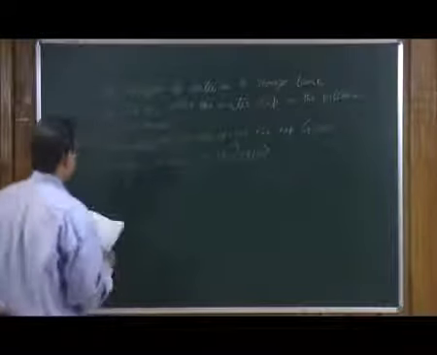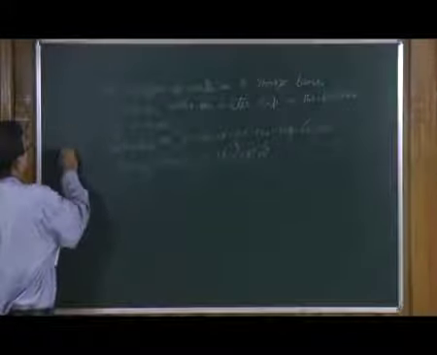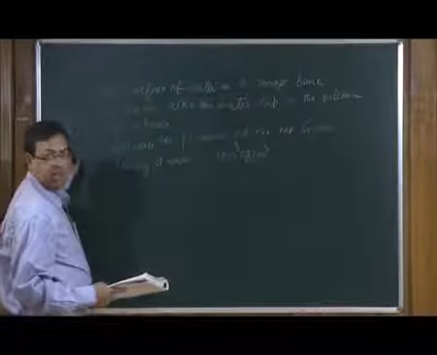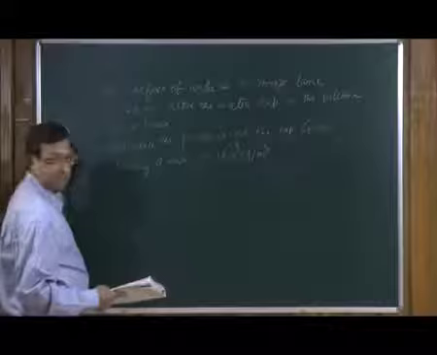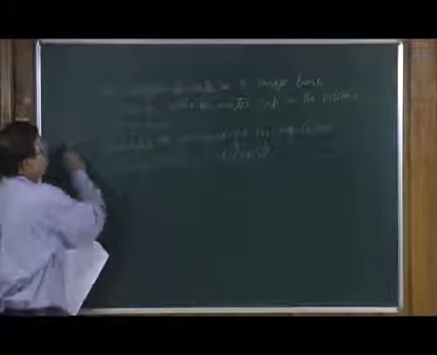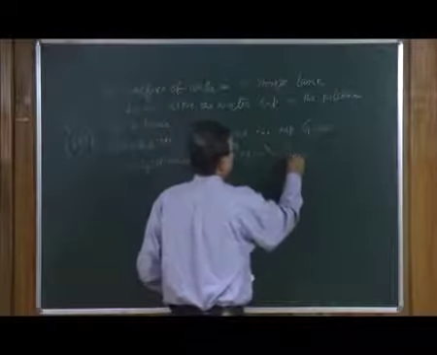This density is denoted by a quantity called rho, which almost looks like P, but please do not confuse this with P. It is called rho, R H O. So, this is equal to rho of water.